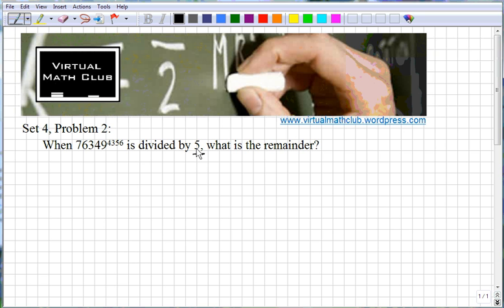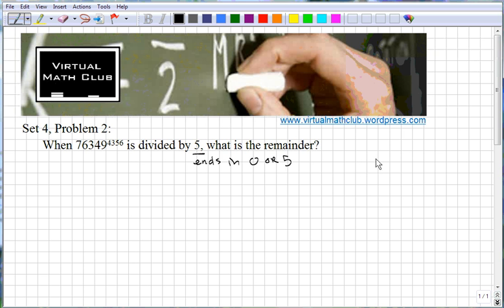Whenever you have a multiple of 5, it ends in 0 or 5, right? So when you divide a number by 5, you can look at the last digit to determine what the remainder is.